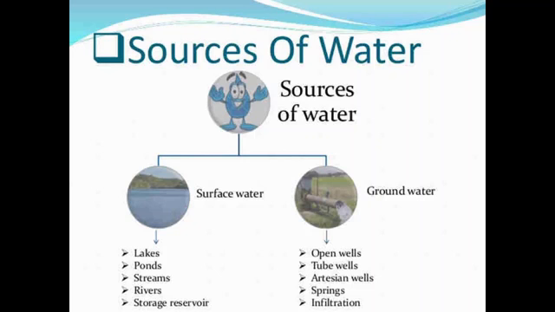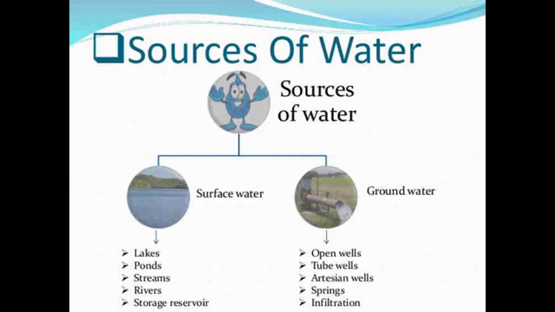You can see in this picture the different sources of water. The main two different sources of water are surface water and groundwater. Surface water, which is above the ground, and groundwater, which is under the ground.